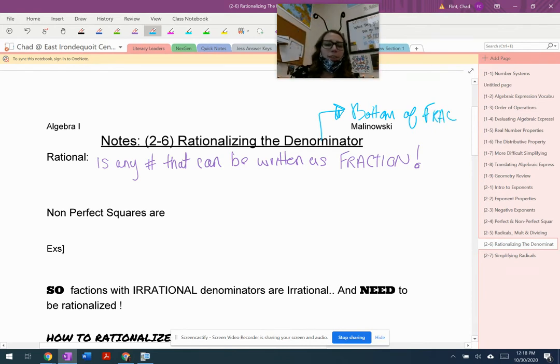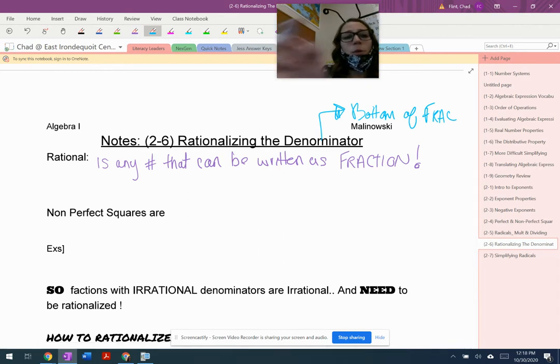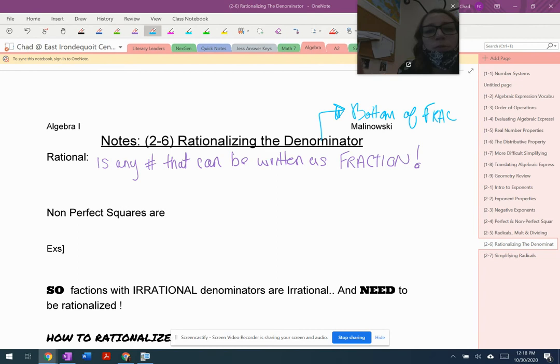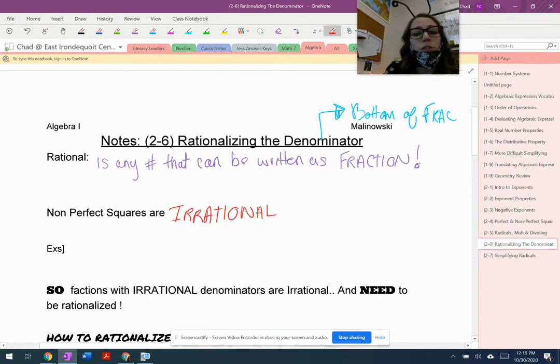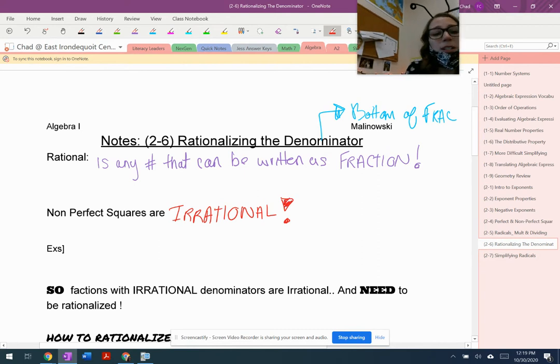So then, a couple of lessons ago, we talked about non-perfect squares. We learned back then that non-perfect squares are irrational numbers, not to be confused with rational. You can't be both rational and irrational at the same time. It doesn't work that way. And some examples of those are anything that's not a perfect square.